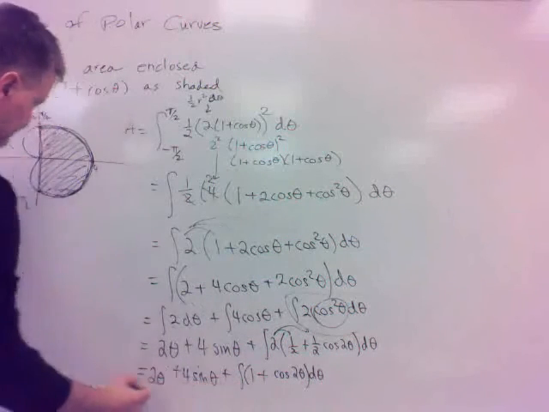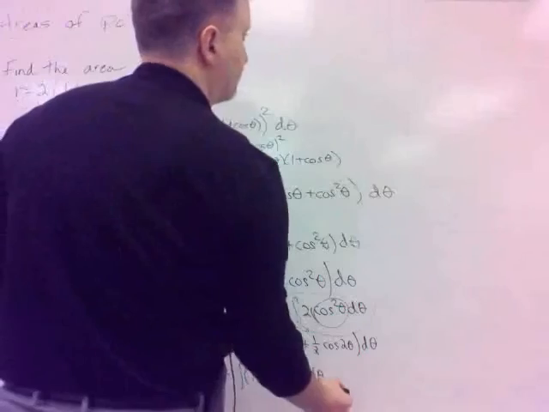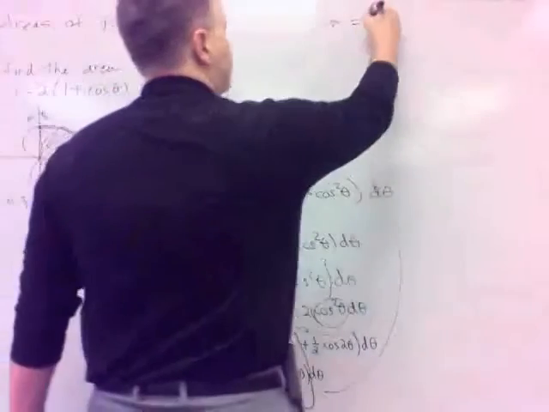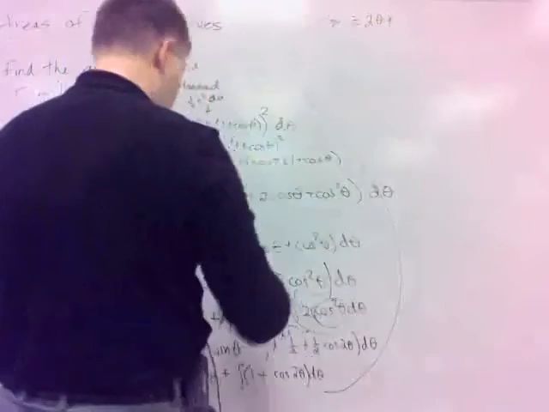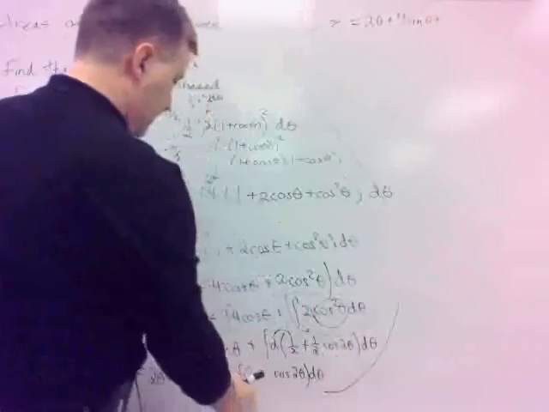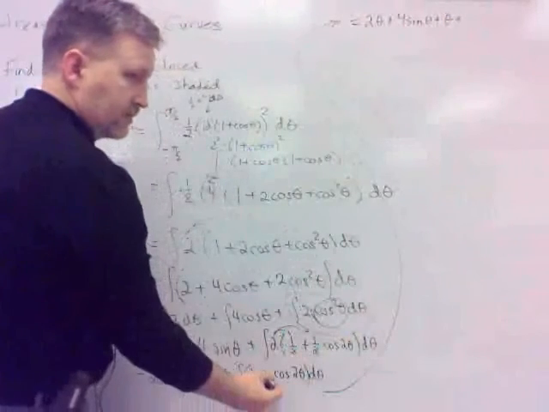All right, well, let's go right up here. So I've got 2 theta plus 4 sine theta plus the integral of 1, which is just theta. What about this one? The integral of that one.